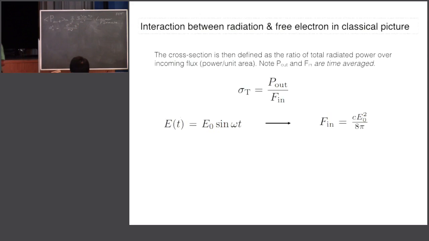I'm interested in time averages, and this electric field is just E naught times sine of omega t. So I'm interested in the time average of sine squared omega t, and that's just one half. So the time average of this quantity is 1/2 E naught, the amplitude of the electric field, squared, times Q squared over m_e squared.